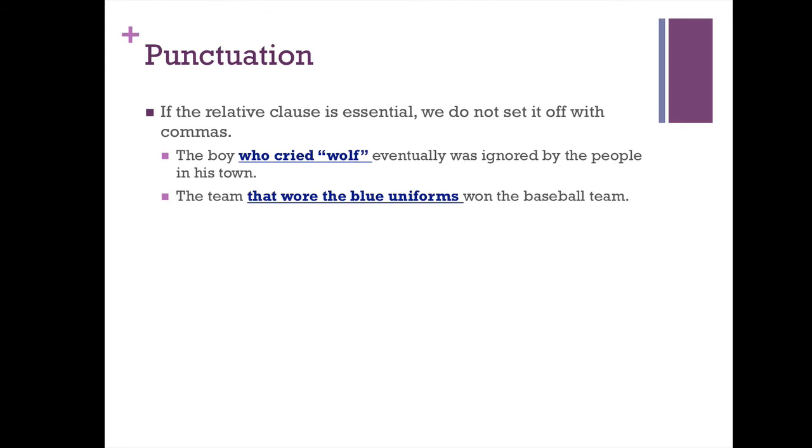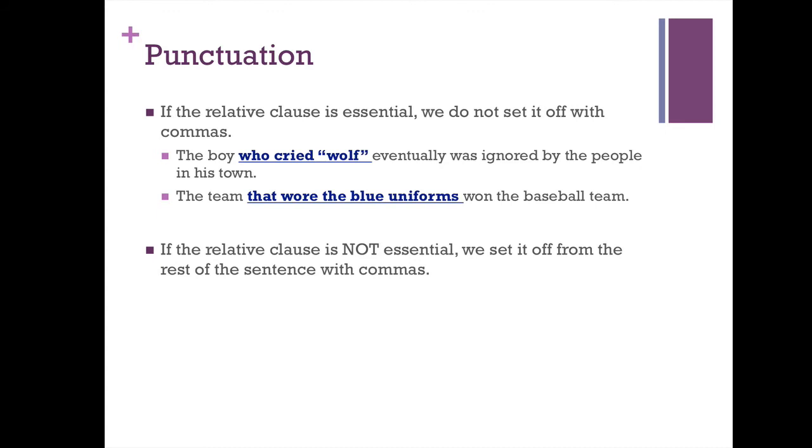No commas surrounding it. But if the relative clause is not essential, if it is not absolutely necessary to the meaning of the sentence, we set it off with commas. The dog, which had just finished its meal, growled at the mailman. Okay. The dog growled at the mailman.